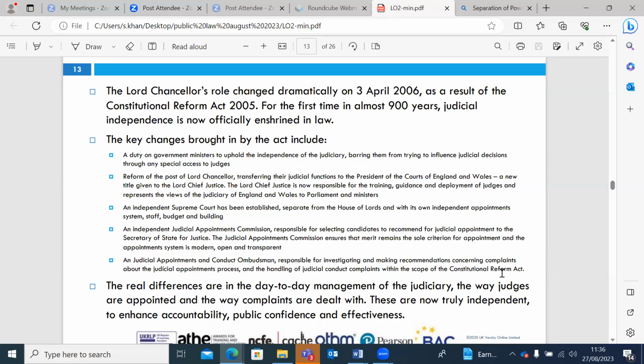The Judicial Appointments Commission ensures that merit remains the sole criterion for appointment, and this appointments system is modern, open and transparent. And fifthly, a Judicial Appointments and Conduct Ombudsman responsible for investigating and making recommendations concerning complaints about the judicial appointments process and the handling of judicial conduct complaints within the scope of the Constitutional Reform Act.